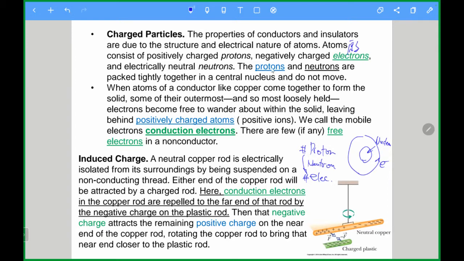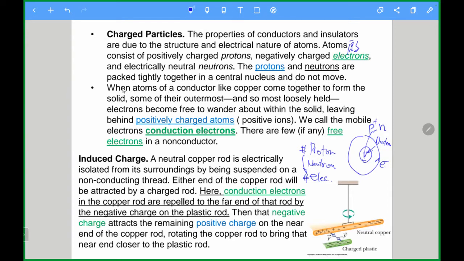The proton and neutron are packed tightly together in the central nucleus. So here we will have some protons and neutrons. Proton is a positive charge, and neutron is neutral. And actually the central nucleus does not move.